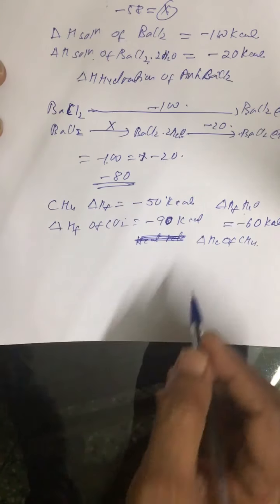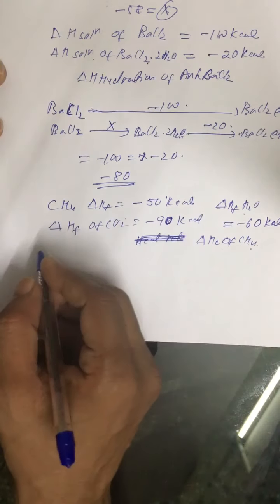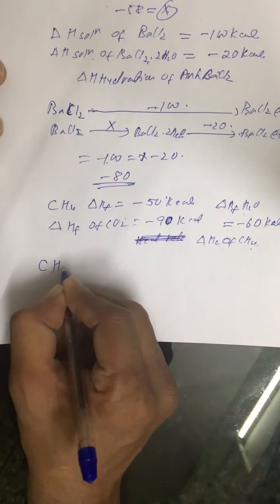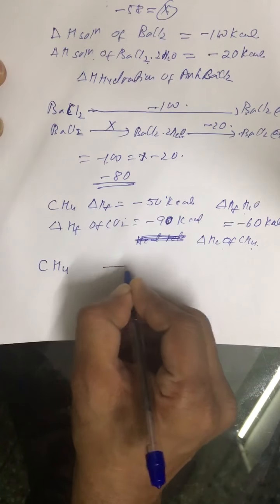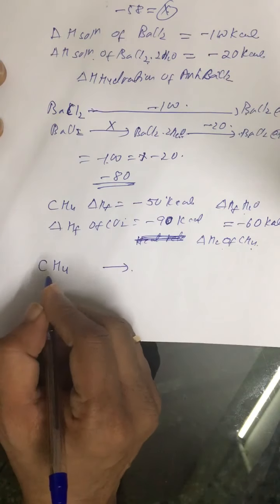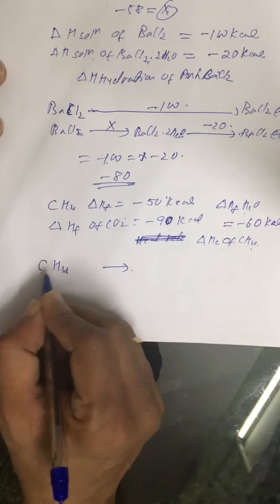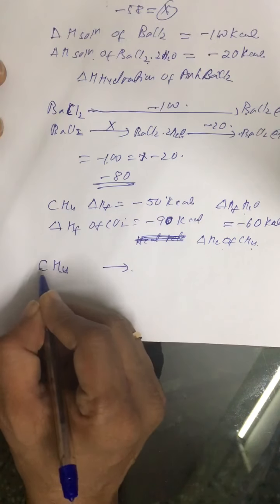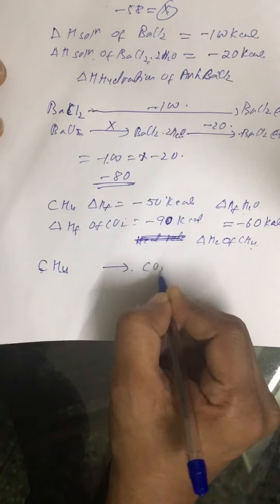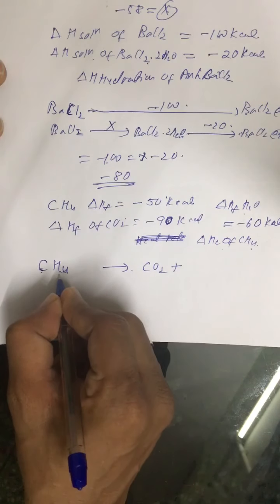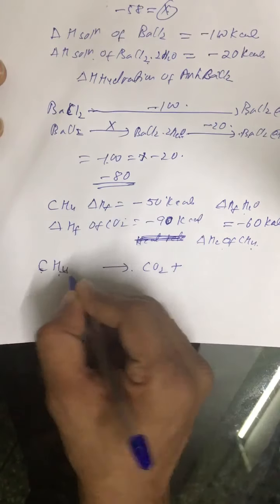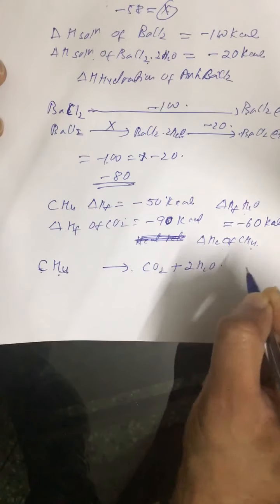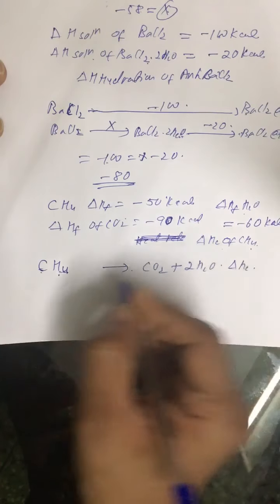Heat of combustion of methane. First, you should be able to write the proper reaction of combustion of methane. I told you, if any organic compound is burnt, the number of carbon equals the number of CO2 and the number of hydrogen divided by 2. So 4 hydrogen gives 2 H2O, and this is delta Hc.